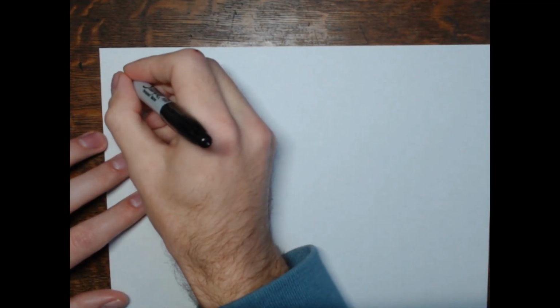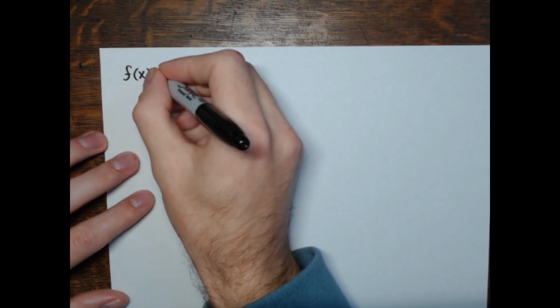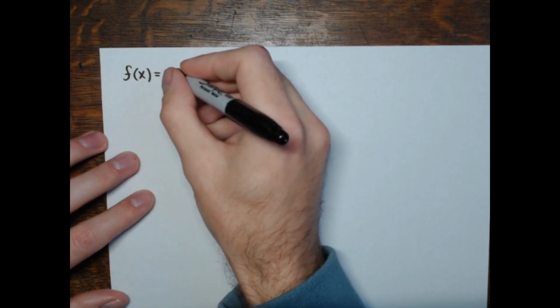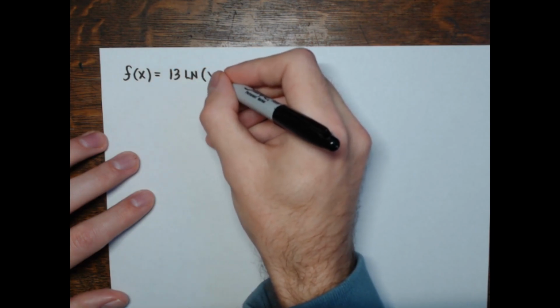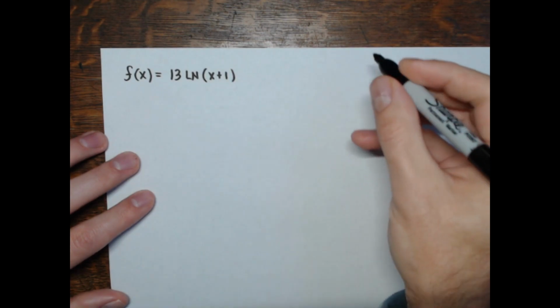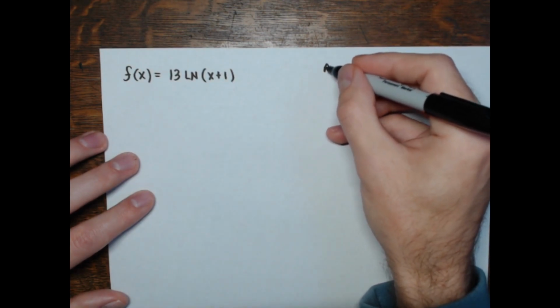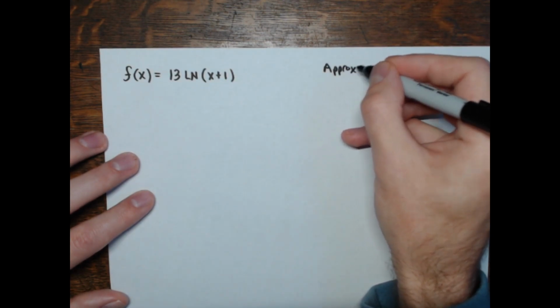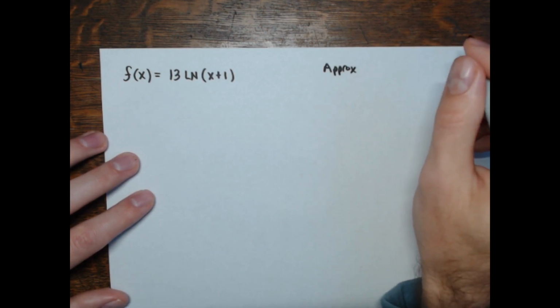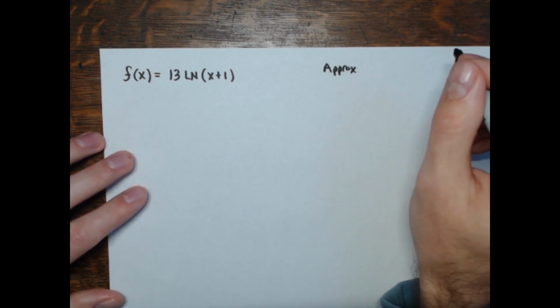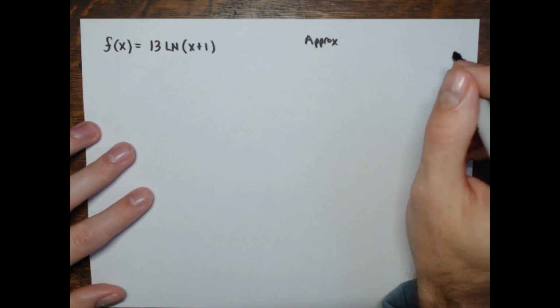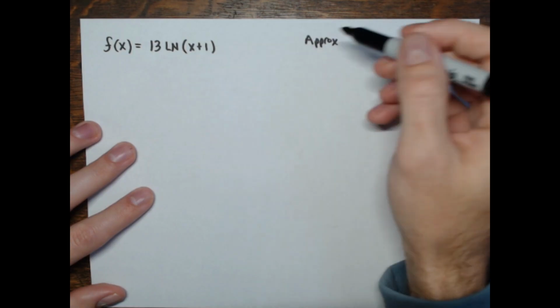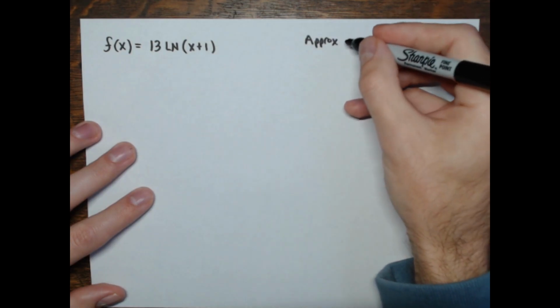So here's our function. F of x equals 13 times the natural log of x plus 1. We're not asked to approximate, though. We're asked to figure out what degree Maclaurin polynomial we should use to approximate this at x equals 0.21.